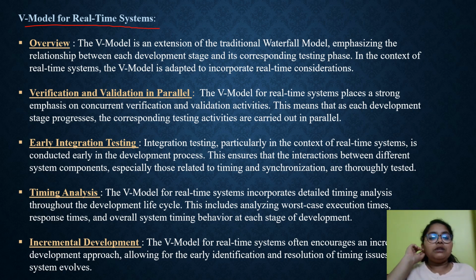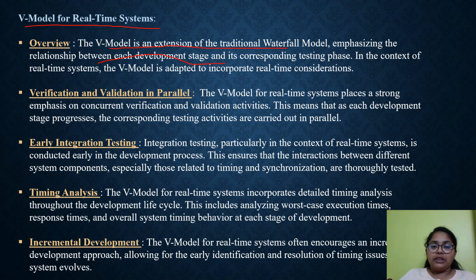Okay, let us see what is the V model overall view. The overall view of the V model is that the V model is an extension of the traditional waterfall model. So here you can see the V model is an extension of the waterfall model, emphasizing the relationship between each development stage, like from the requirement analysis to the testing to deployment.